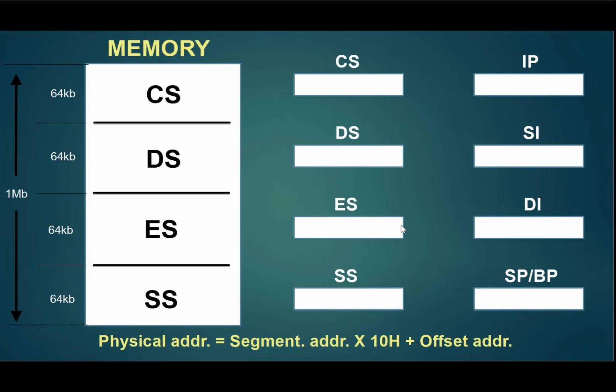In the same way, the extra segment and destination index, and the stack segment and stack pointer, work the same way, where these 2 16-bit registers help you generate a 20-bit address. Without the 20-bit address, you will not be able to reach the memory location from where you want to access the data.